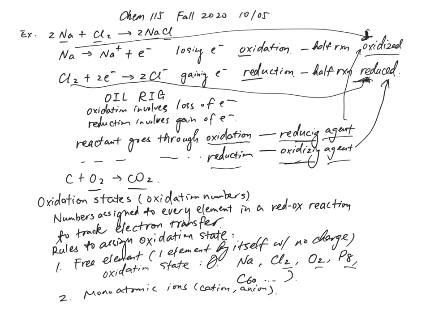Their oxidation state assigned is equal to the charge on them. So by that I mean if you have Na+, oxidation state would be +1. If you have Cl-, oxidation state is -1.